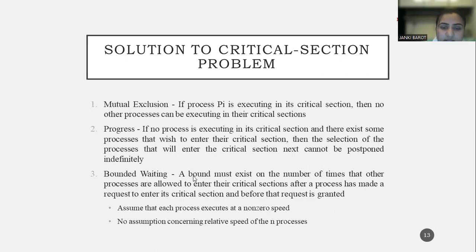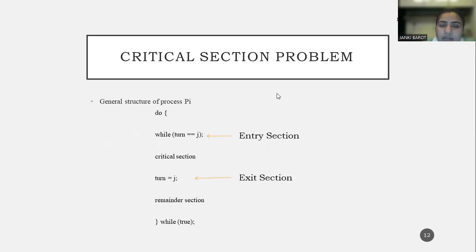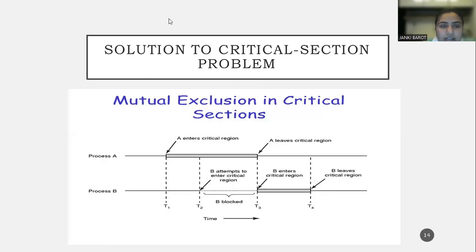Bounded wait means the starvation situation won't be allowed, which means it should not happen that some process will be blocked forever. The next is mutual exclusion with the critical section, which is already explained. Thank you.